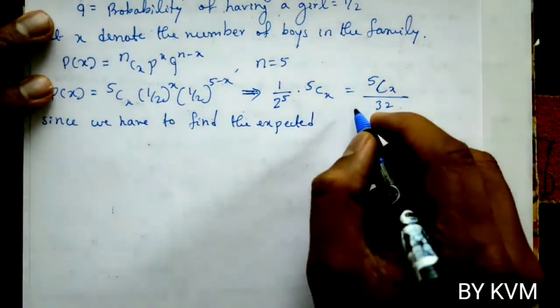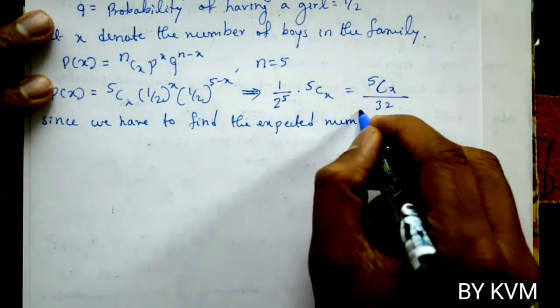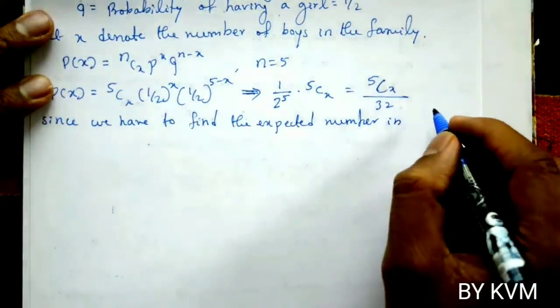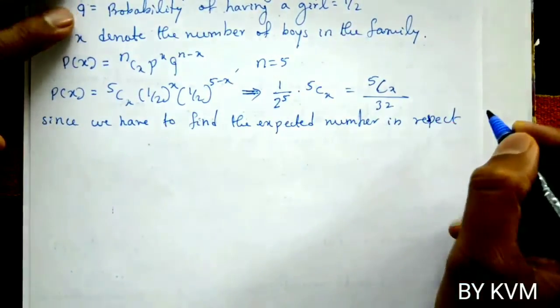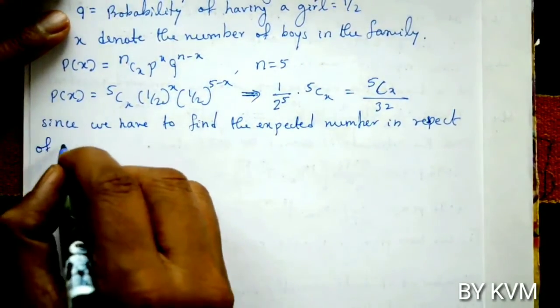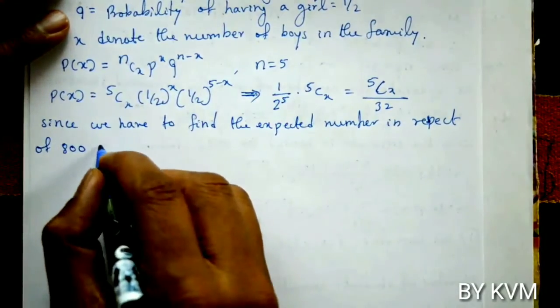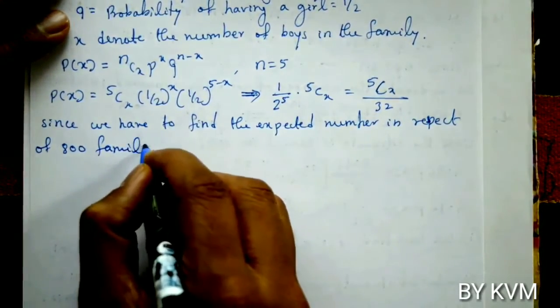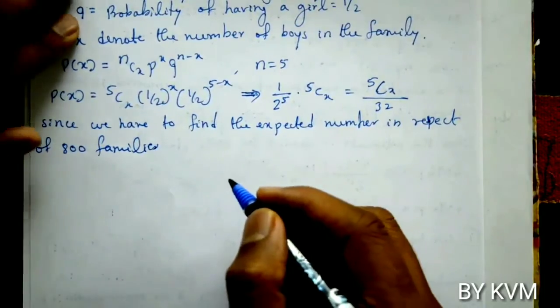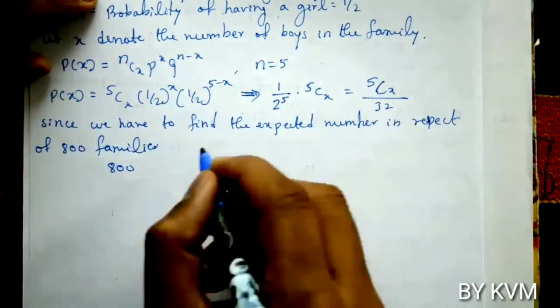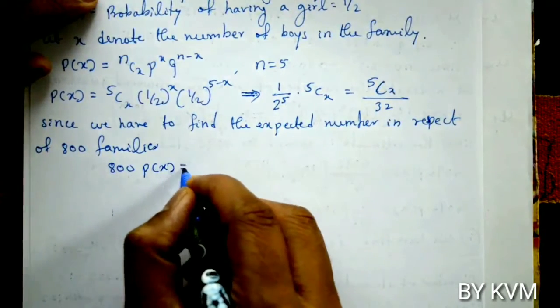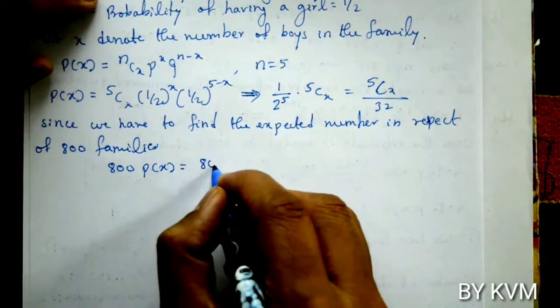So, now we have to find the expected number in respect of 800 families. So, now multiply by 800. So, 800 into p of x.